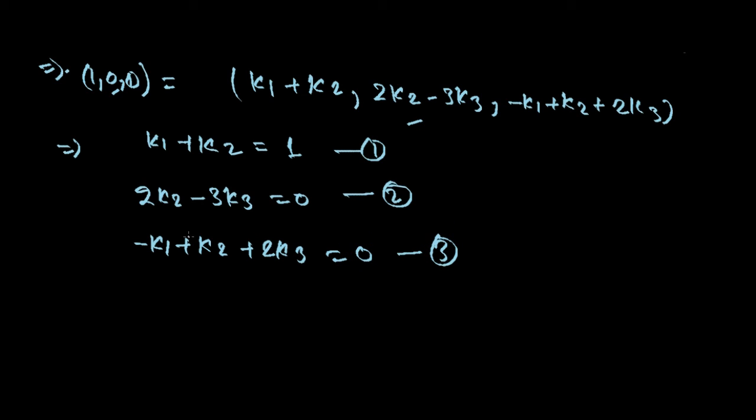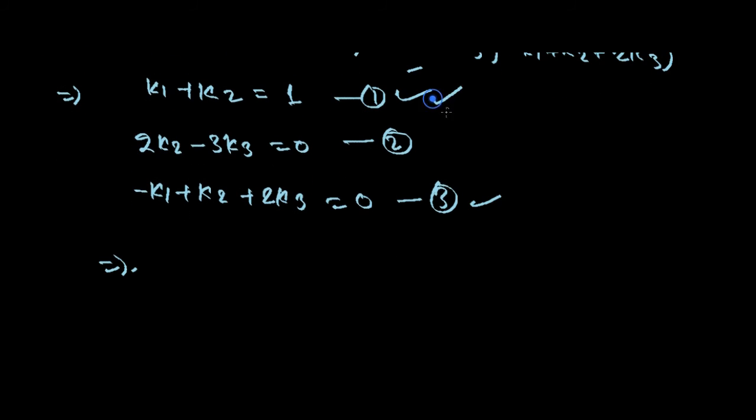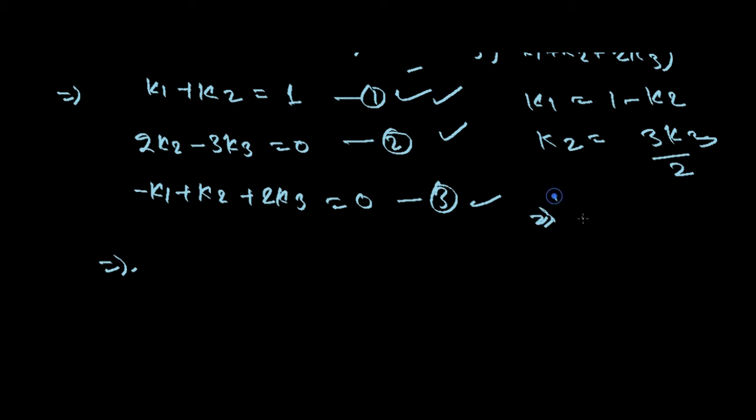So we have three variables and three equations, so we can find a solution here. Let's use equation 1 and equation 2. This gives K1 equals 1 minus K2, right? And this gives K2 equals 3K3 divided by 2. In this way, K1 can also be written as 1 minus 3 by 2 K3.